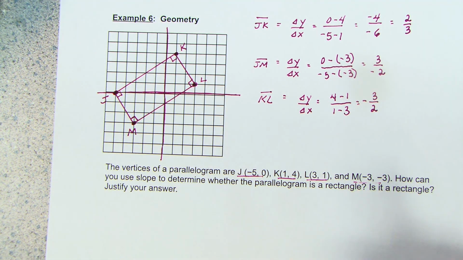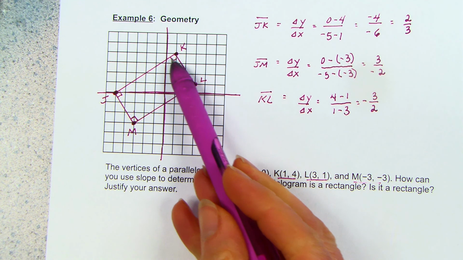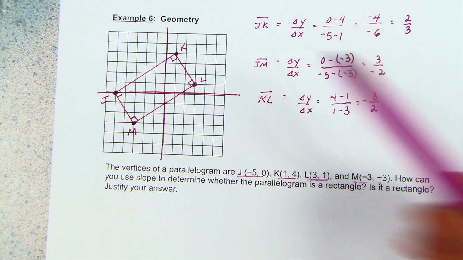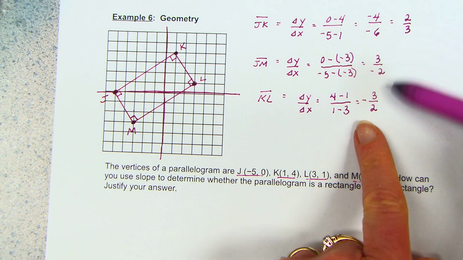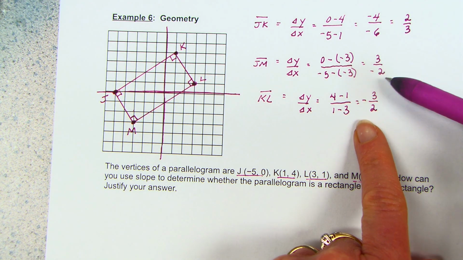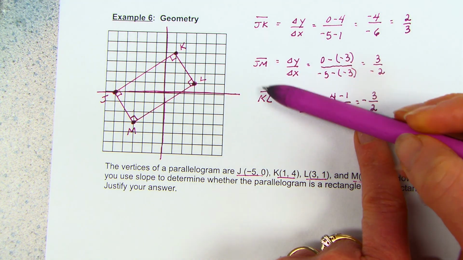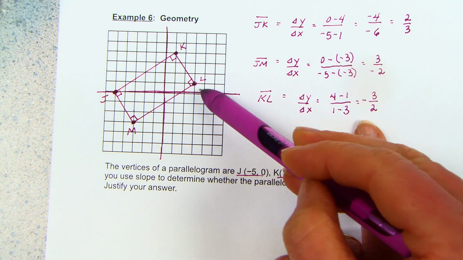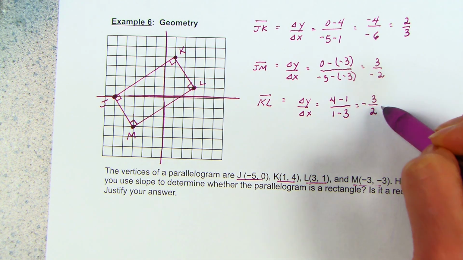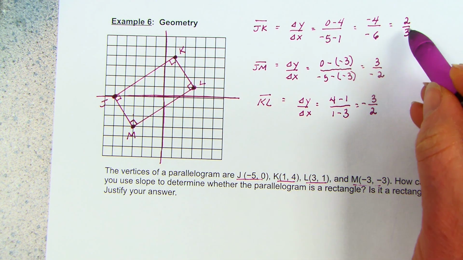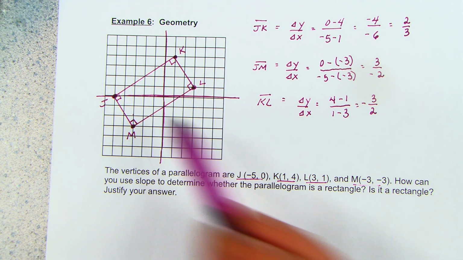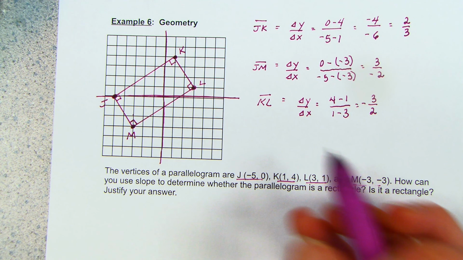Okay. So we're comparing KL with JK, since these and those are also perpendicular. Which also means that JM and KL are parallel. So these are parallel because they have the same slope and they are perpendicular to JK. And I think that probably means that the fourth side has to be perpendicular as well.